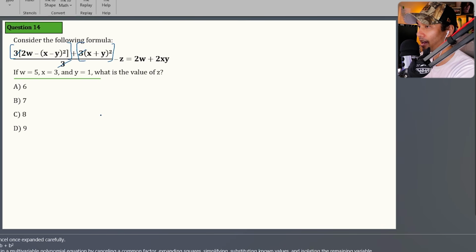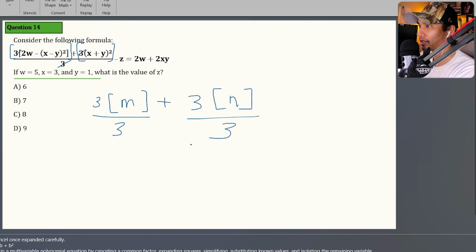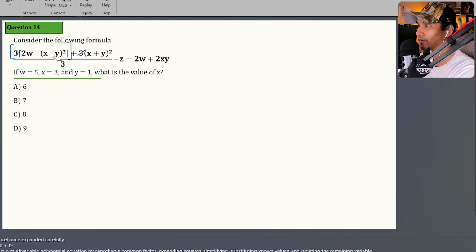When you have terms like that, you could say everything in this bracket is m, divided by 3, plus the x plus y squared term, which is n divided by 3. Then you're left with the numerator.